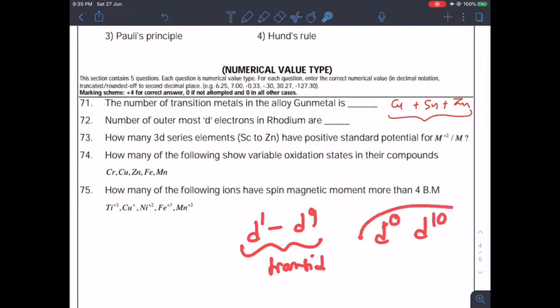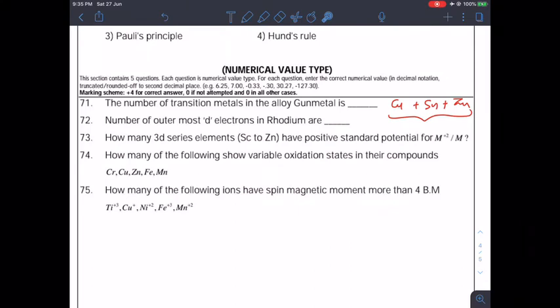If any metal shows D0 in its only oxidation state, or if something shows D10 in only its plus oxidation state, then it is not transition. Like in the case of zinc, what is the configuration? That is 3d10 4s2.